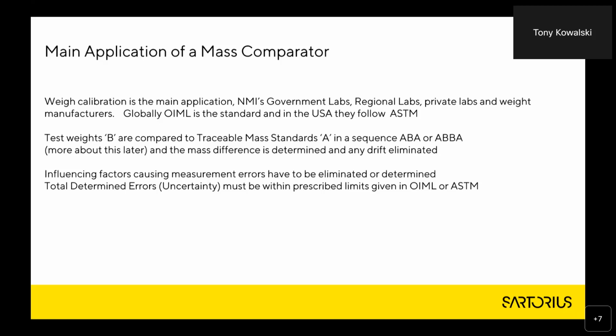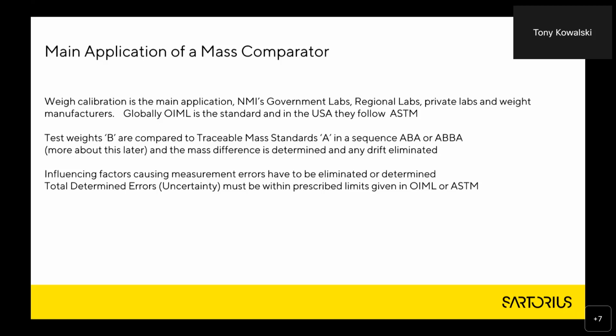There are a lot of complicated calculations, which are all laid out quite nicely, and explanations are given for the process itself of calibrating. And in the OIML, we call out the weights that are being tested. We give them the letter B, and the traceable mass standards, our reference weights, we give them the letter A.